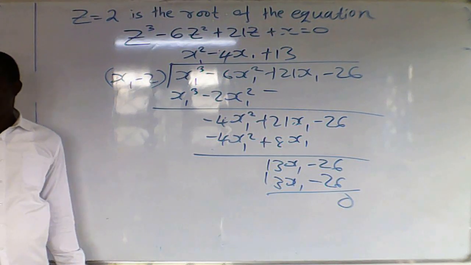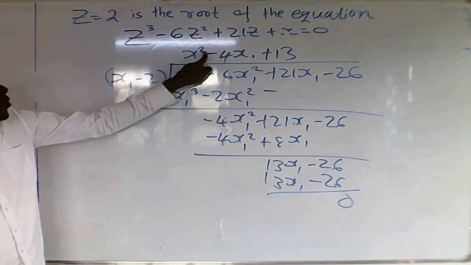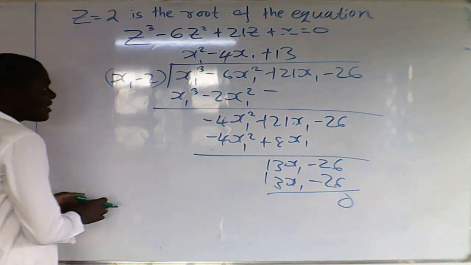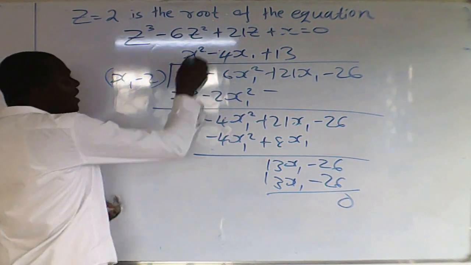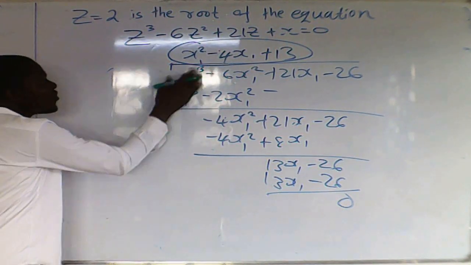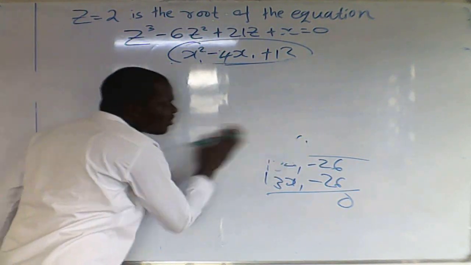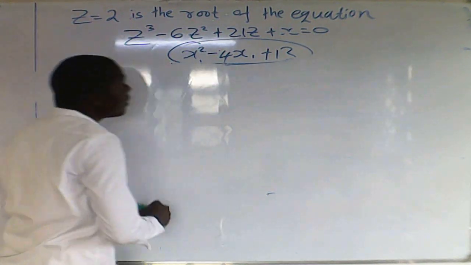Are you seeing that? So after factorization, what have we ended up with? x1 squared minus 4 x1 plus 13. So this is now quadratic. We now use the quadratic formula because those roots may not be integers, isn't it? When it reaches quadratic, you now use the quadratic formula.